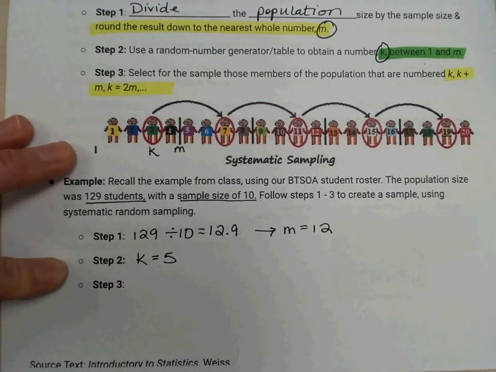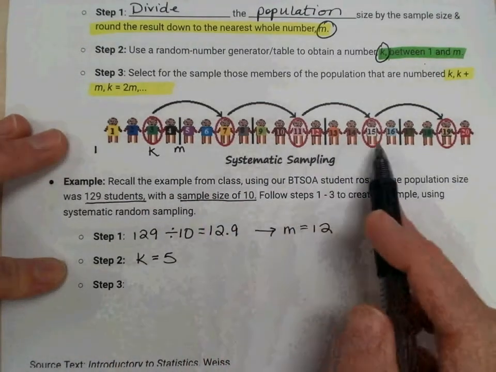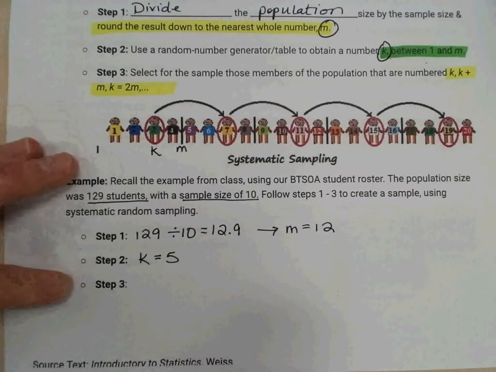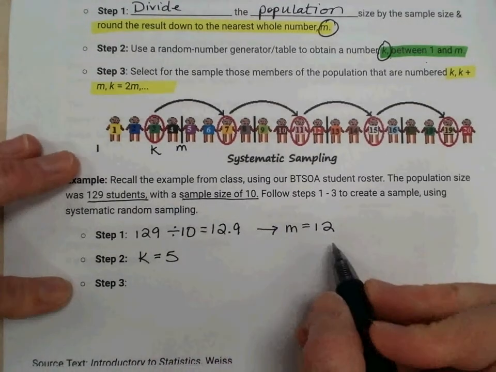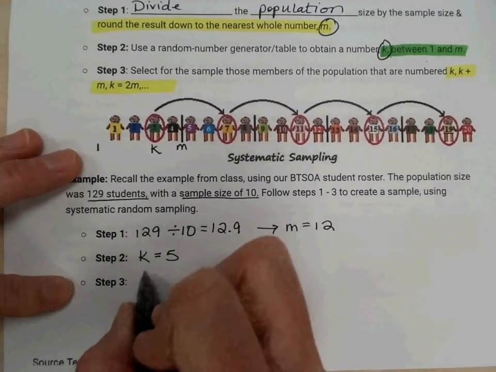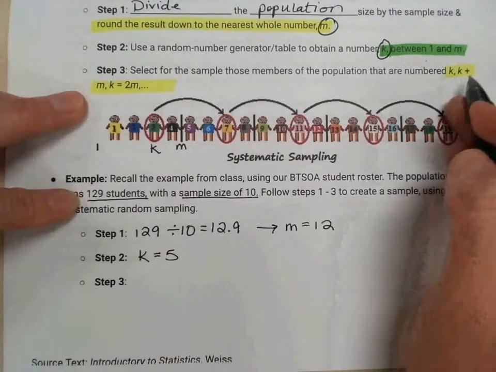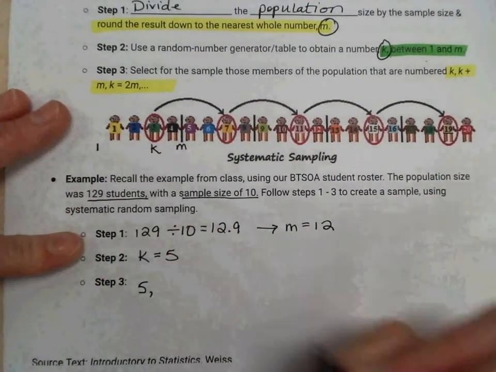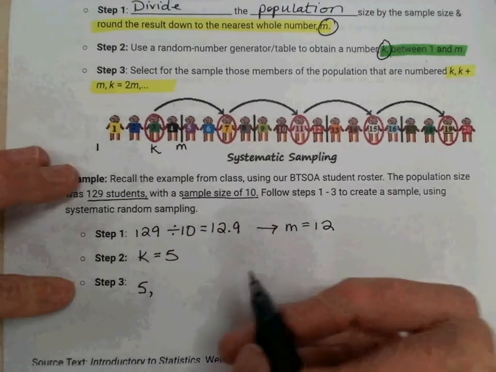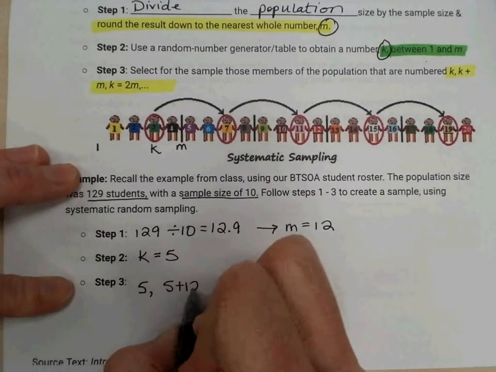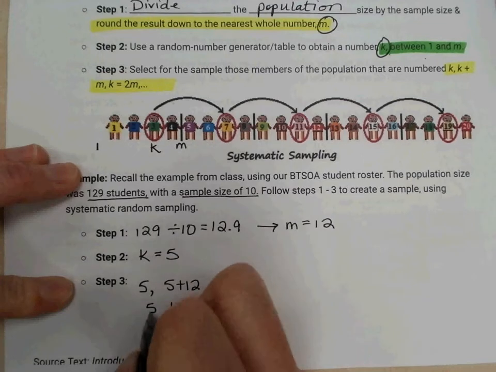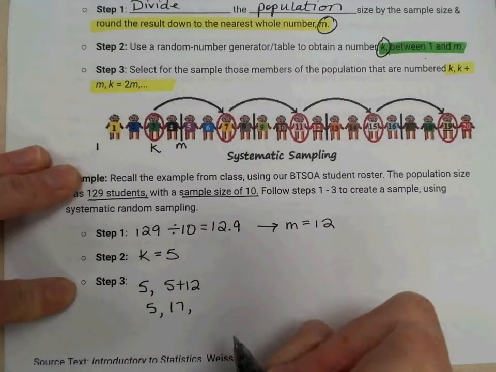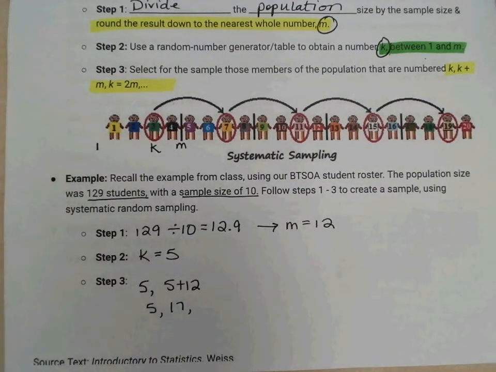And then the next step, we're just identifying each one of these members within that range of 1 to m, or 1 to 12. So the first one is k, right? It says here k. You follow these steps, you'll be good. The next one would be k plus 12, or 5 plus 12, which is 17. And then we keep on adding 12, right?